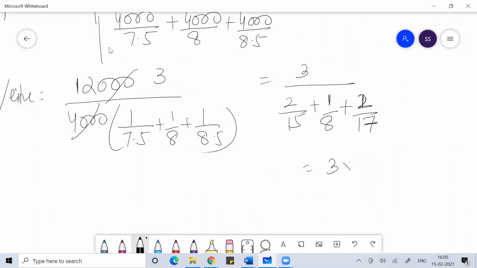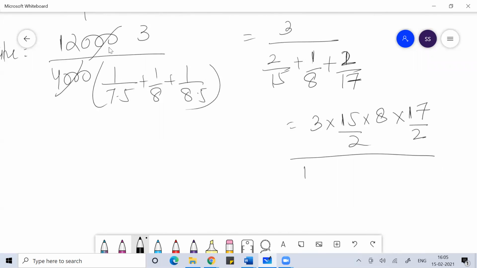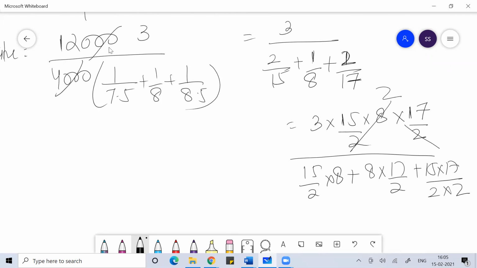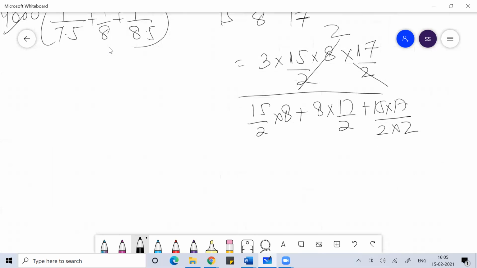So this is 3 into 15 into 8 into 17, divide by 2, divide by 2, then 15 by 2 into 8 plus 8 into 17 by 2 plus 15 into 17 by 2. So you can solve this, you will get the answer.